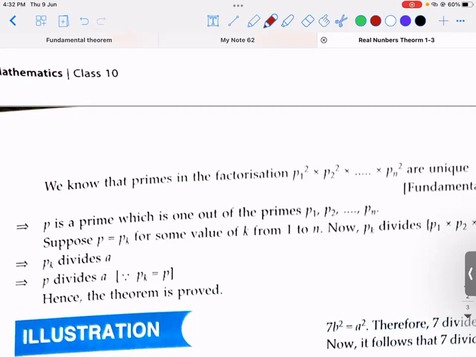Read it carefully. Every composite number can be written as a product of its primes. What is the important word? Underline.